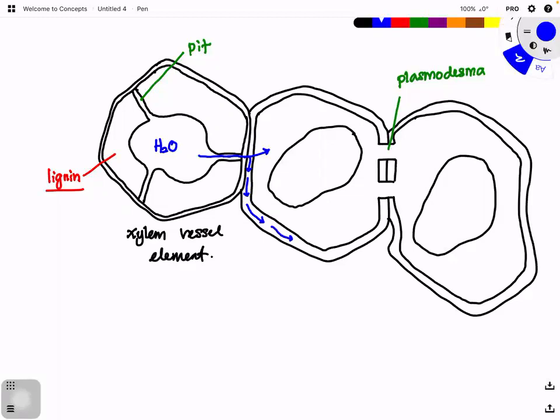It can move within the cell wall. So the one that enters into the cytoplasm may also enter into the vacuole and then move out of the vacuole, and then they can cross the plasmodesmata, enter into the vacuole, move out of the vacuole, and then enter into the cell wall. It depends on the water potential gradients. Are you clear?